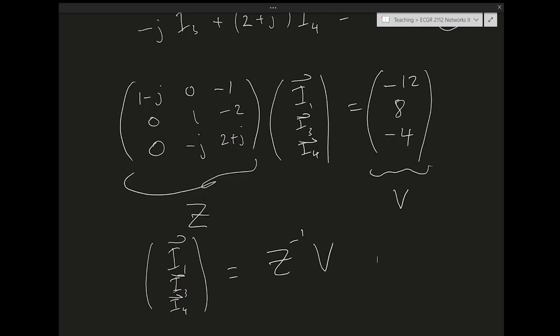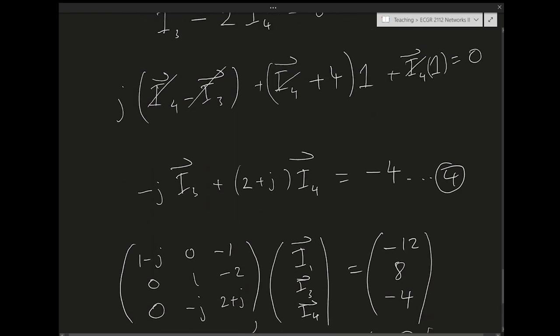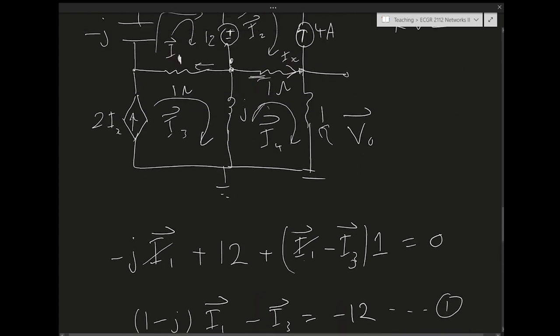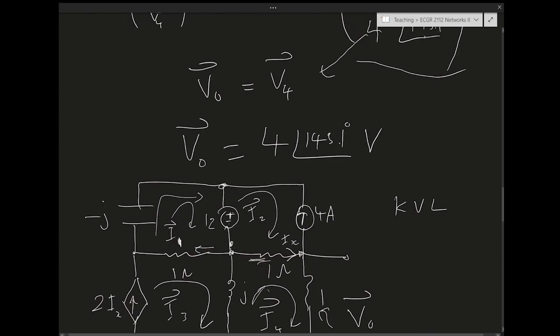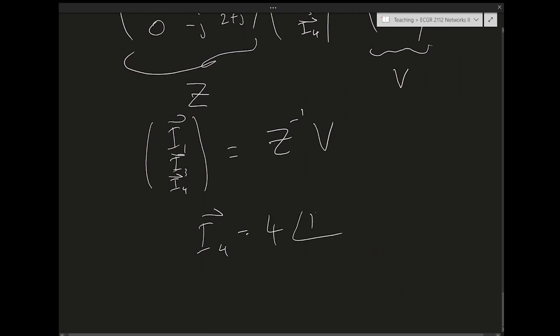Let me go back. So going back, what we found out from the solution, I don't care about I1 and I3, but I found that I4 equals the same value that we got up here. So it was 4 angle 143.1 degrees amp.